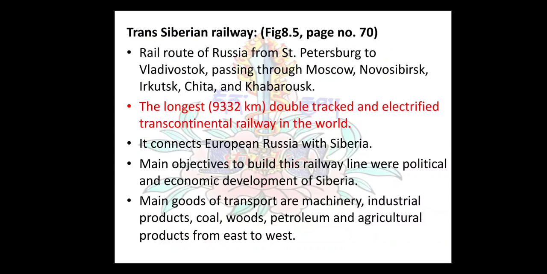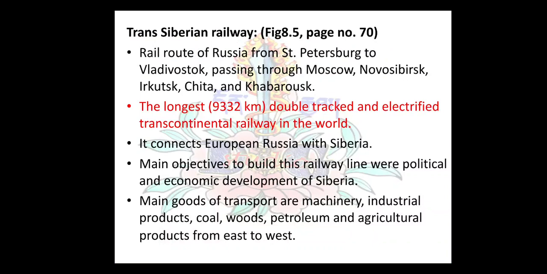One main characteristic is it has a double track, plus it is electrified, so here the train engine is electric. It connects European Russia with Siberian Russia.